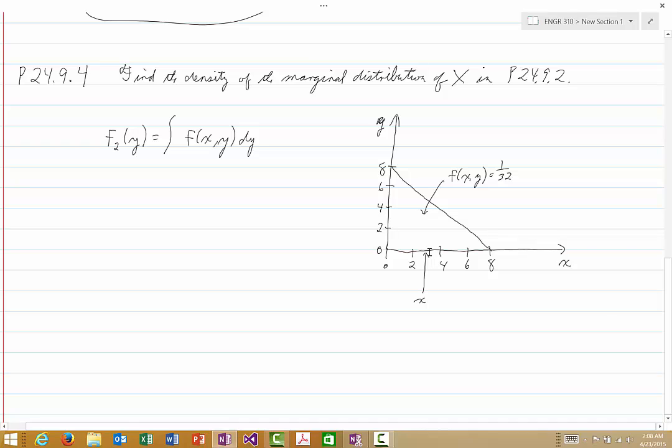The lower limit on this integral is the lowest value for y, which is 0. But what is the upper value for y? Well, remember that this line here, the hypotenuse of the triangle, is the line x plus y is equal to 8, or in other words, y is equal to 8 minus x.